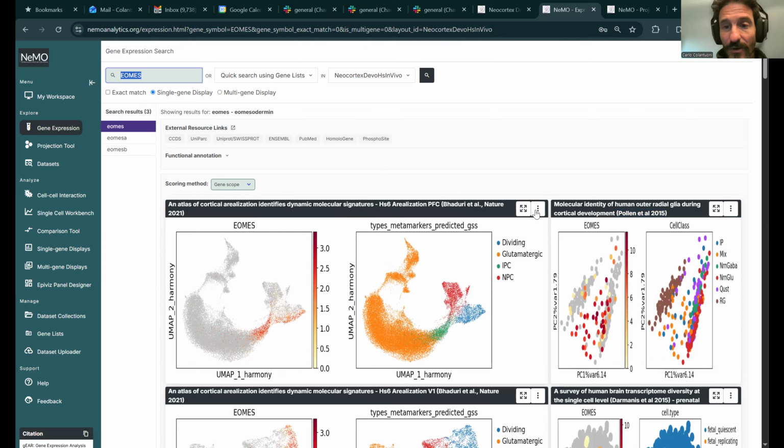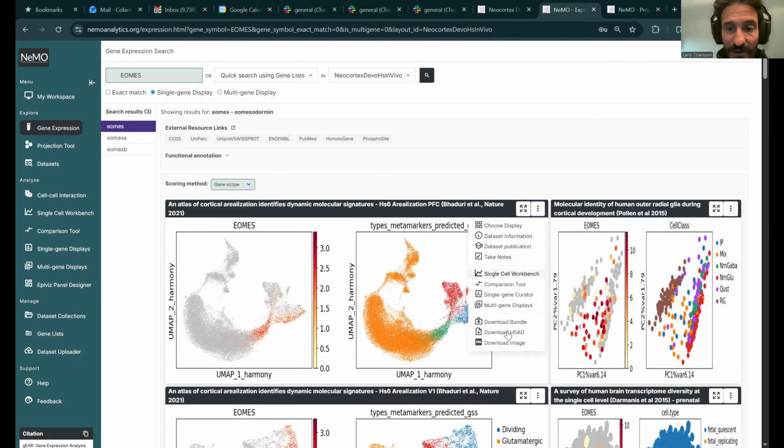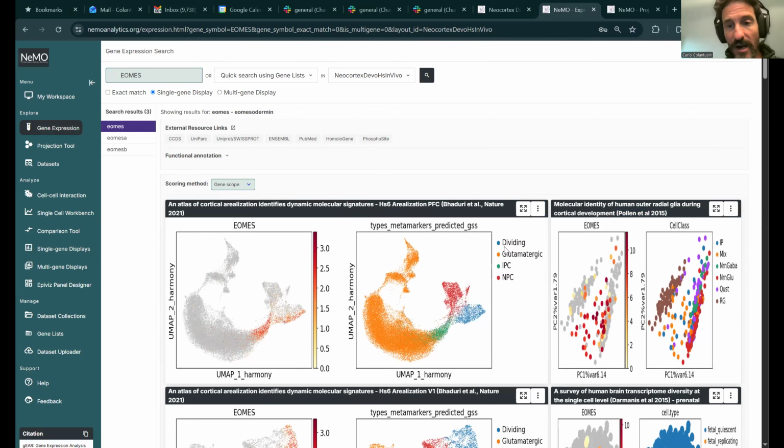For people with coding skills, you can look here. You can download the H5AD for this. If you simply copy this link, you can use a command line wget statement from Unix and grab that data set as is here with the metadata ready to go do any analysis you want on it.